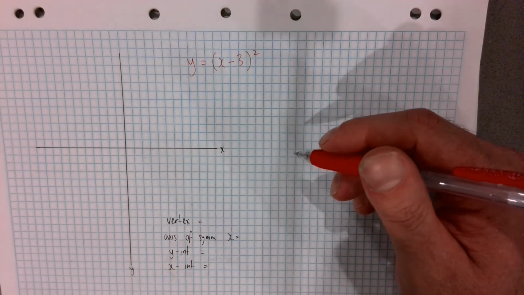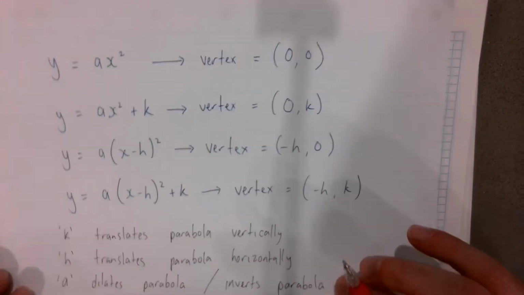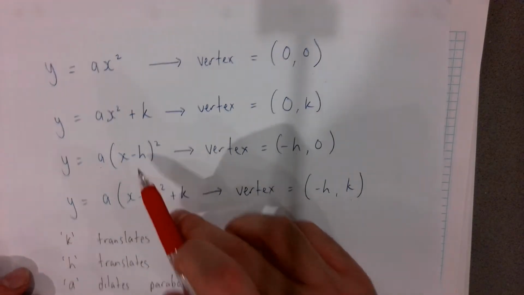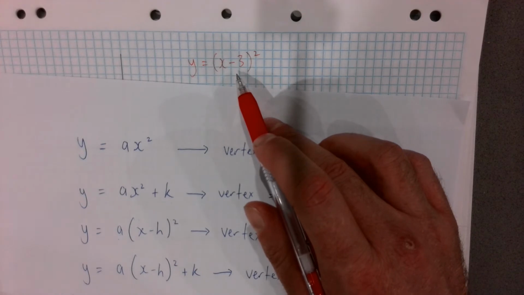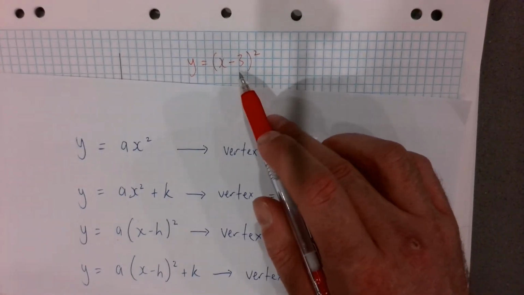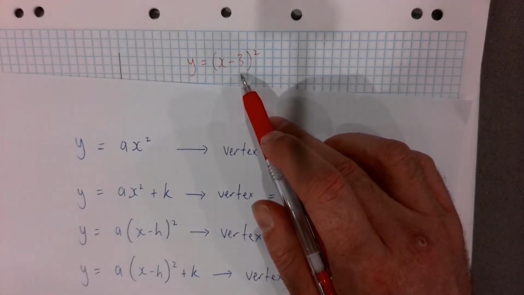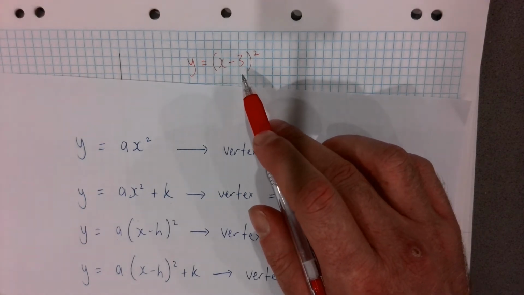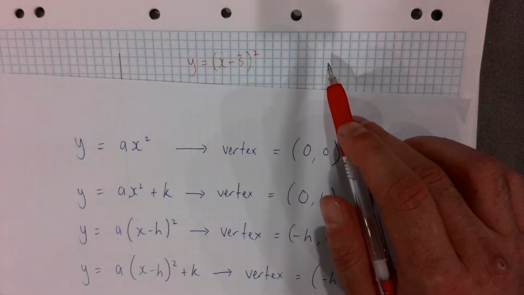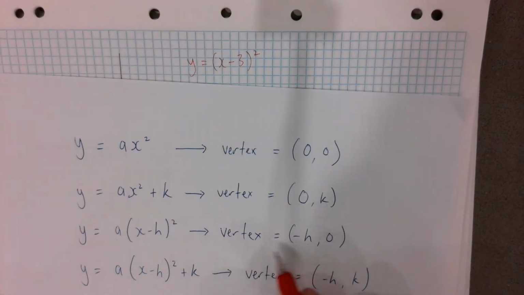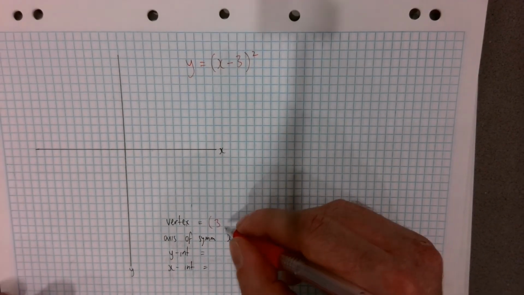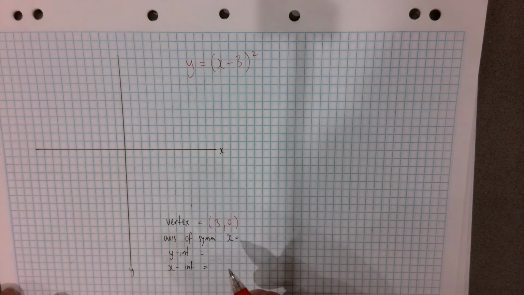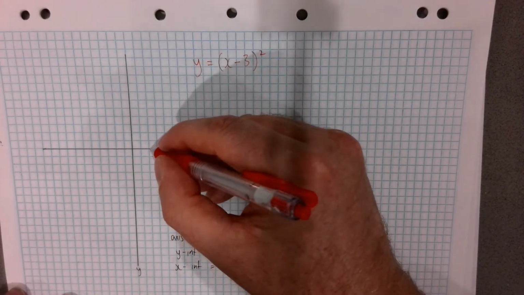As we said earlier, that value of h, in this case it's minus 3, determines the horizontal translation of the parabola. Because it's minus 3, the parabola is actually going to translate 3 units to the right. So my vertex is going to be the opposite value of minus 3, which is positive 3, and 0. So vertex 3, 0.